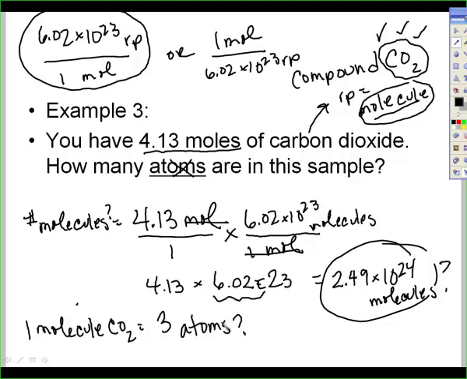There's 3 times as many atoms, so I need to multiply this number by 3. And if I do that, I get 7.46 times 10 to the 24th atoms. 3 times as many atoms as molecules. Just like in one molecule, there's 3 atoms. So this number should get bigger.